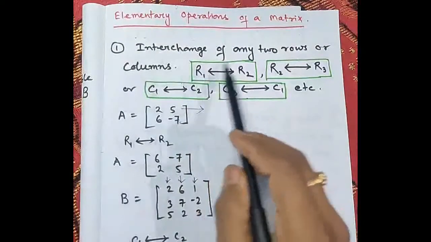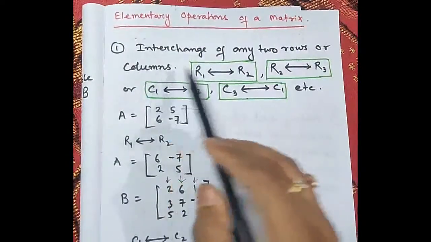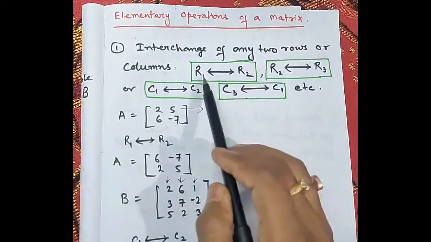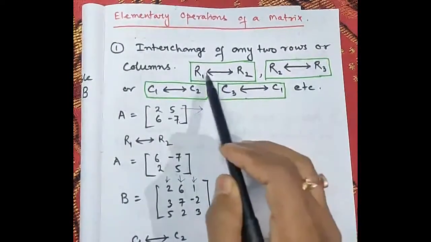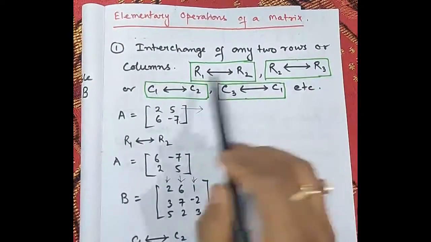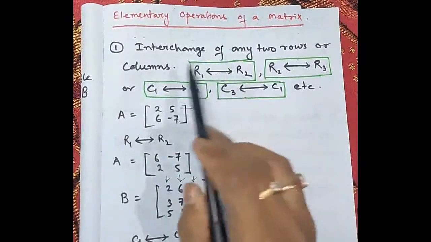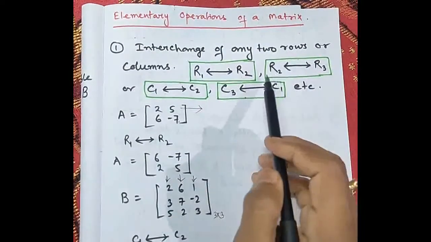So the first one is interchange of any two rows or columns. See, in this operation we are interchanging row 1 and row 2. So we write it like this: R1 <-> R2. This means we are changing R1 into R2 and R2 into R1.